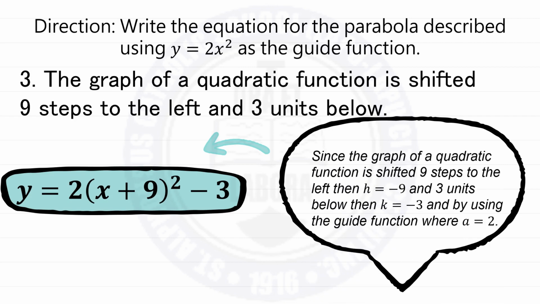Since the graph is shifted 9 steps to the left, the value of h is negative 9, and 3 units below means the value of k is negative 3. Using the guide function where a is 2, you have y equals 2 times quantity x plus 9 squared minus 3.